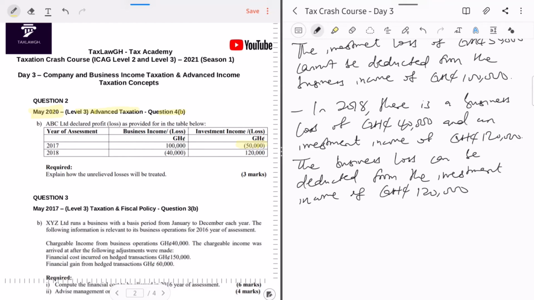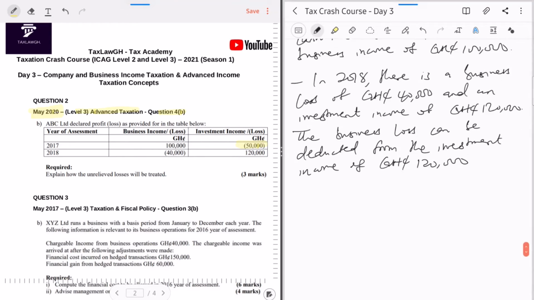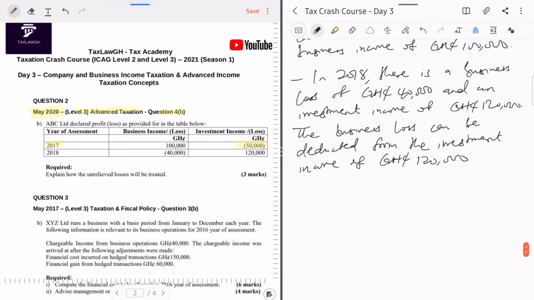that we couldn't offset from business. So now that we have a gain, you can carry forward. So we'll carry forward the 50,000 loss from 2017 to 2018.